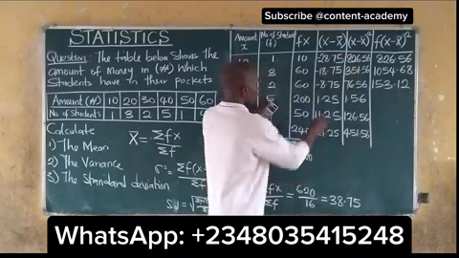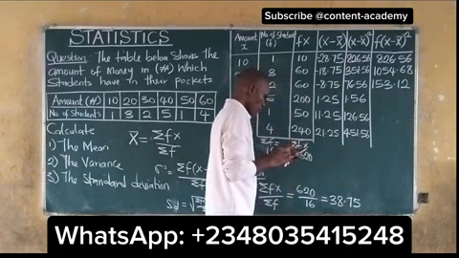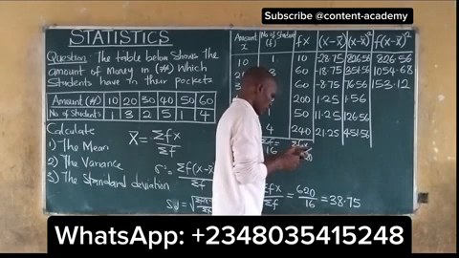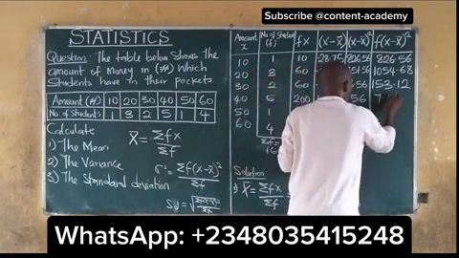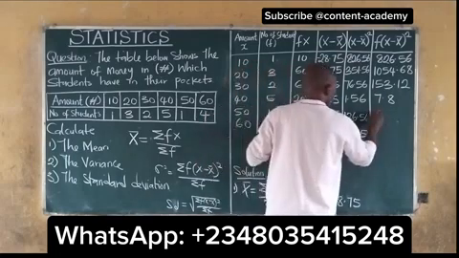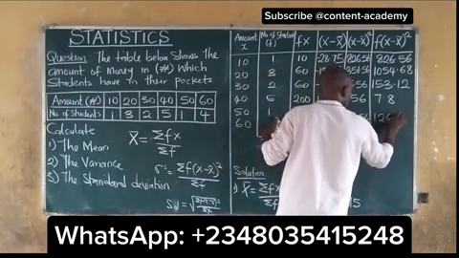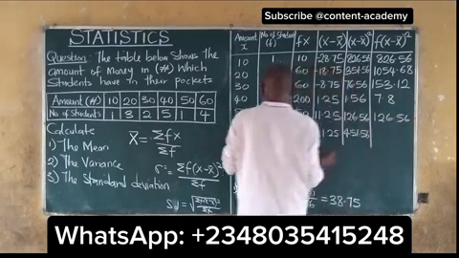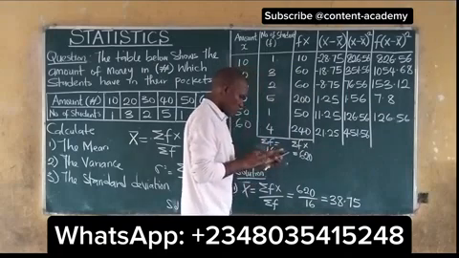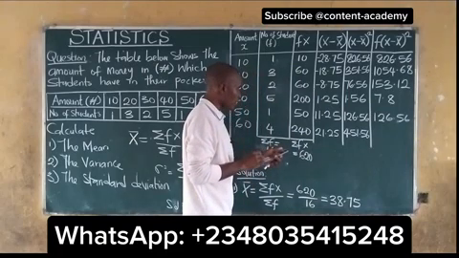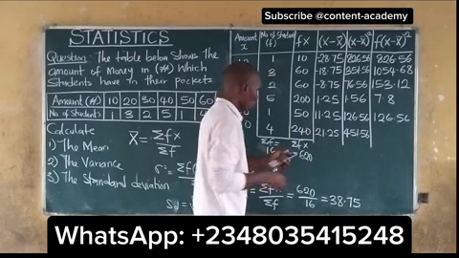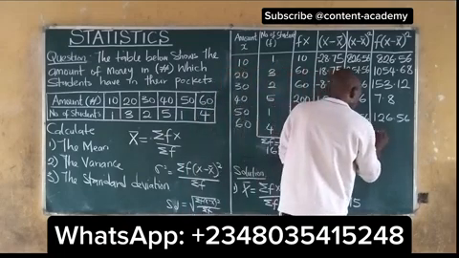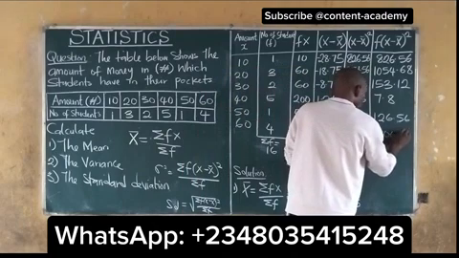Also, we have 5 multiplied by 1.56, we have 7.8. And 1 multiplied by this, we have 126.56. Then 4 multiplied by 451.56, we have 1806.24.